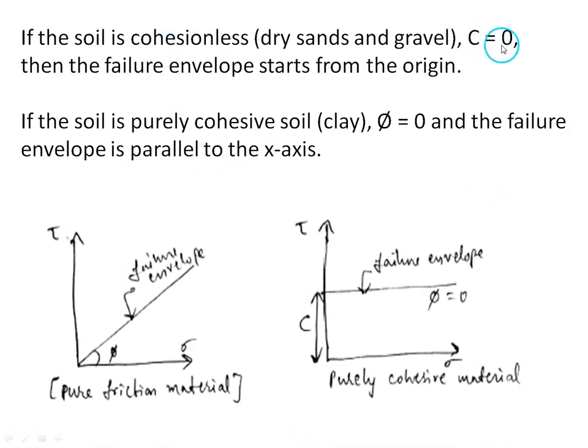In that case, there will not be any intercept on the y-axis, so the failure envelope starts from the origin. And if it is saturated clay, then phi equal to 0. In that case, the failure envelope is horizontal, that is, parallel to the x-axis. So in this case, the cohesion intercept is given as the distance between the failure envelope and the x-axis.